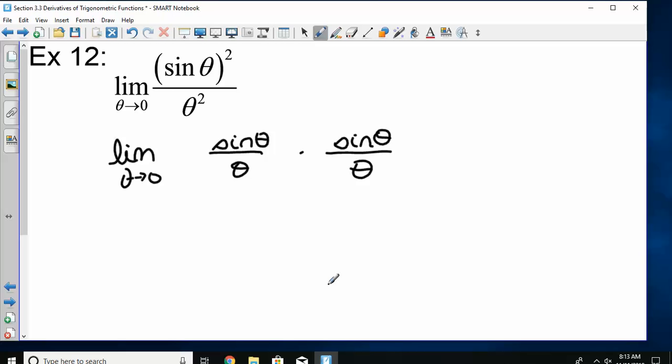You could have put one big square on the outside, because we know we can bring a limit inside and then square the answer. Or I just recognize I have 2 sines and 2 thetas, so I just split them up. As theta goes to 0, this goes to 1, and this goes to 1, so 1 times 1 is 1. So really the big rule we are using every time is that the limit as theta approaches 0 of sine theta over theta equals 1.